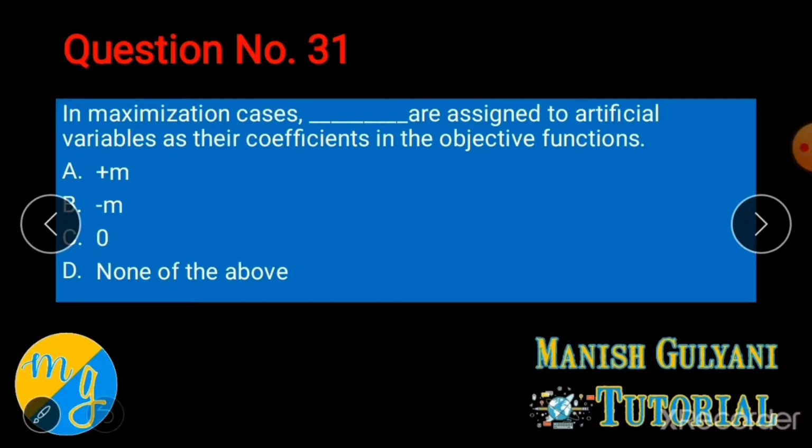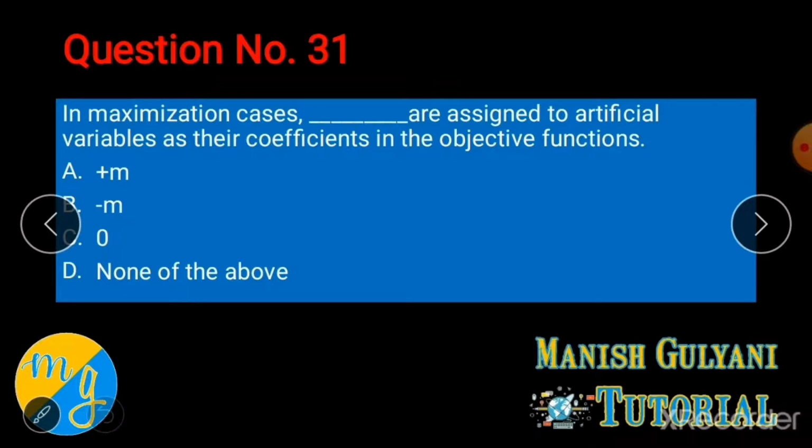In maximization cases, what is assigned to the artificial variable as its coefficient in the objective function: plus M, minus M, 0, none of the above. In LP under the simplex method you have studied this thing.